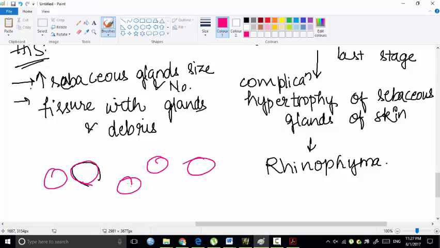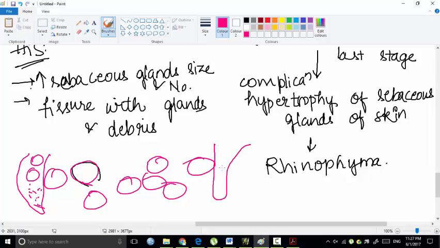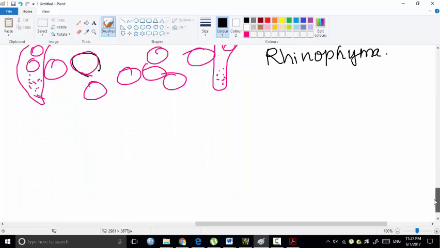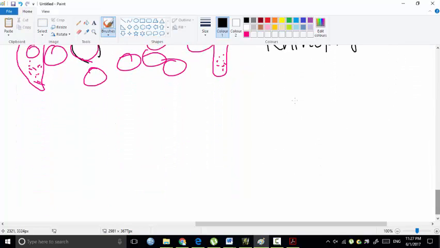These are the sebaceous glands which are seen, right? And this is one fissure with debris, and there are sebaceous glands again. So this is another fissure with debris and sebaceous glands again. So this might be the structure which I feel through my imagination.